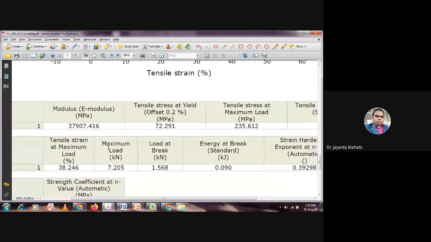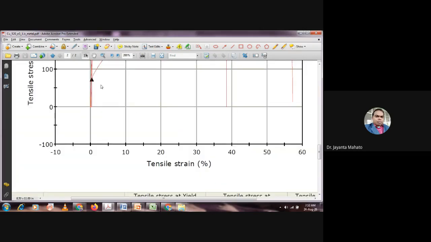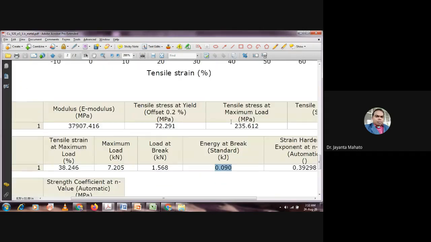You can also get the energy at break, meaning total energy in kilojoules, which is the area under the stress-strain curve.